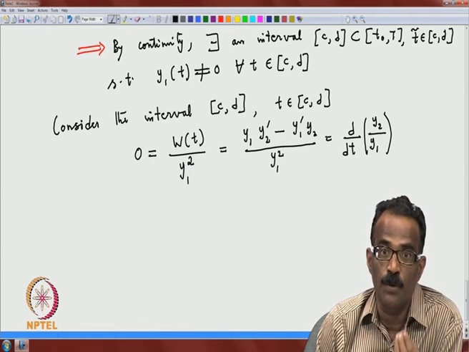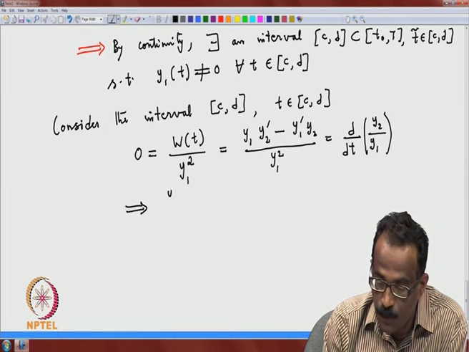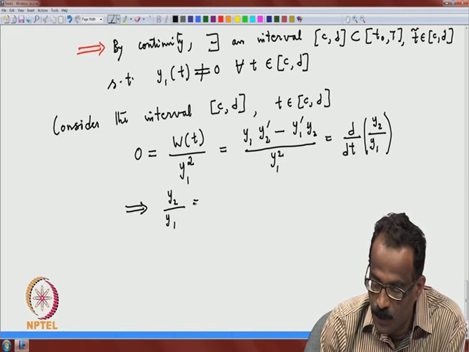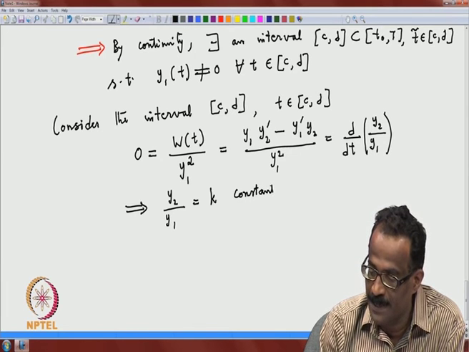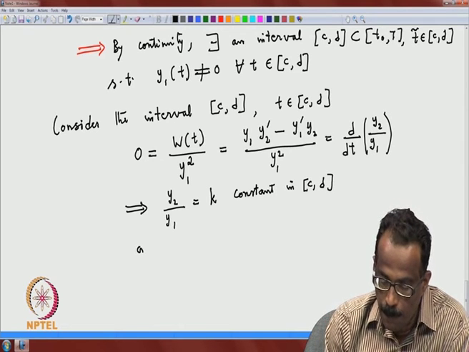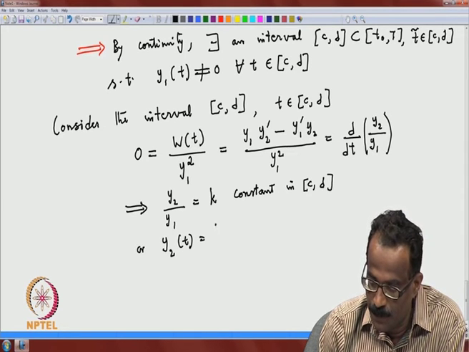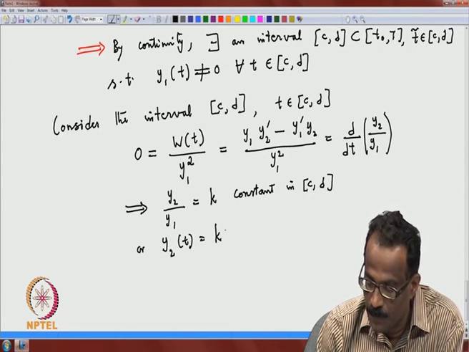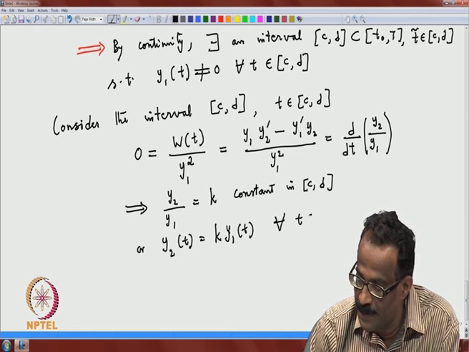So d by dt of y2 by y1 is equal to 0 in an interval, that implies y2 by y1 is equal to a constant in CD, that is important, or y2 of t is equal to k y1 of t for all t in CD.